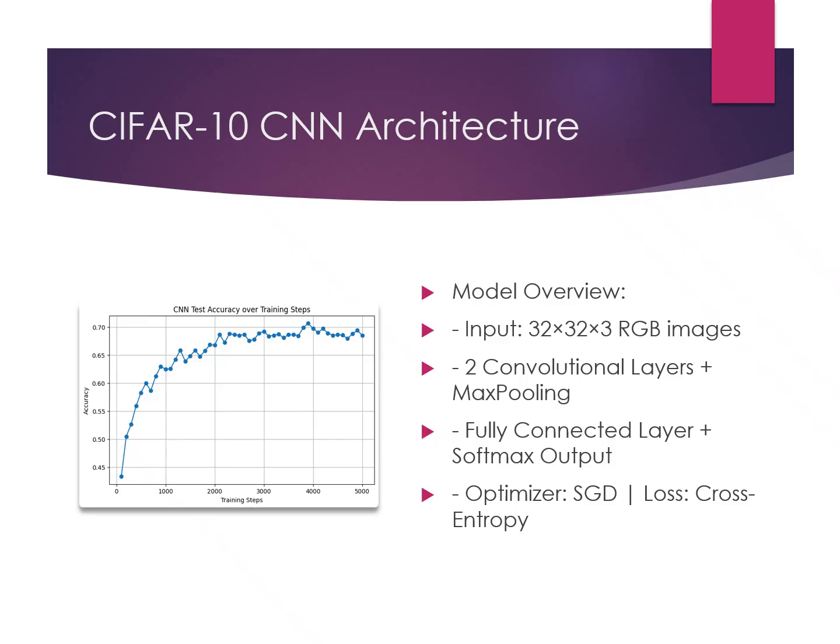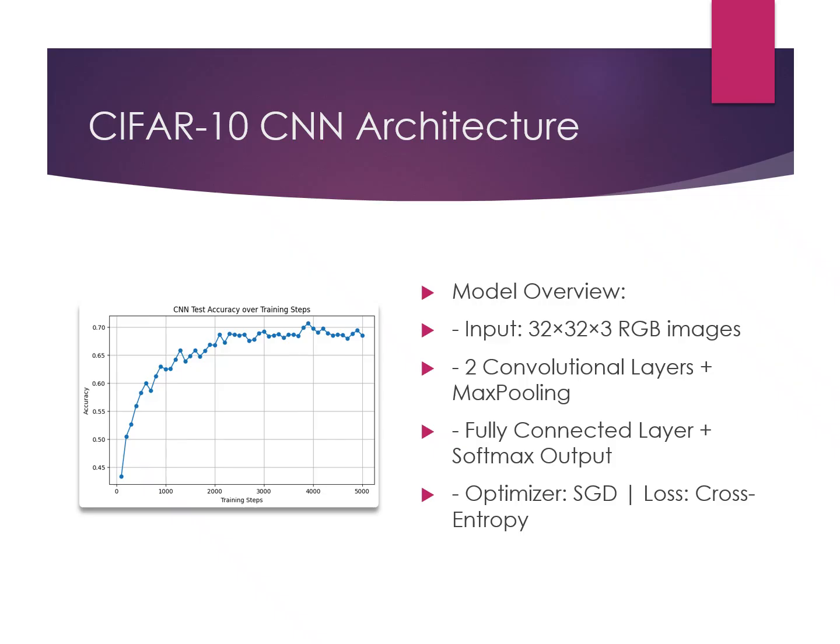The loss function is cross entropy, which is ideal for multi-class classification. The batch size was 128, the training steps were 5,000, and there was an evaluation every 100 steps.